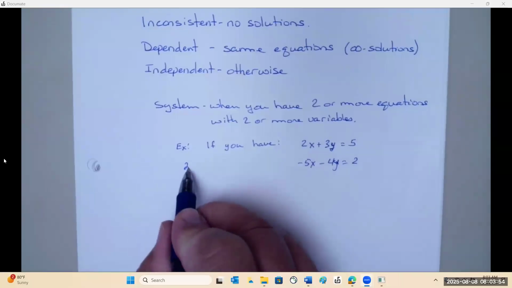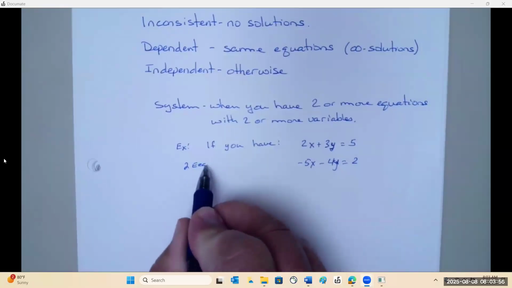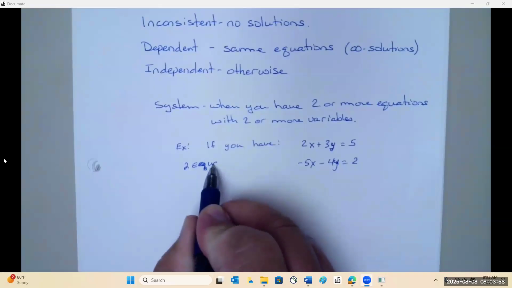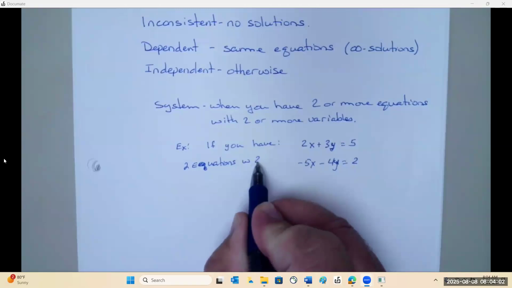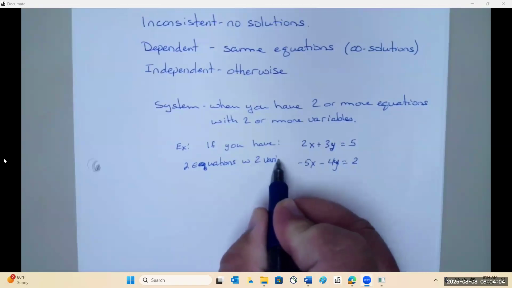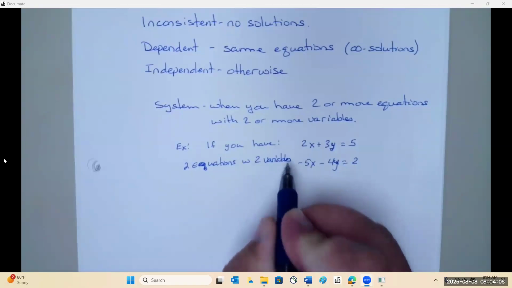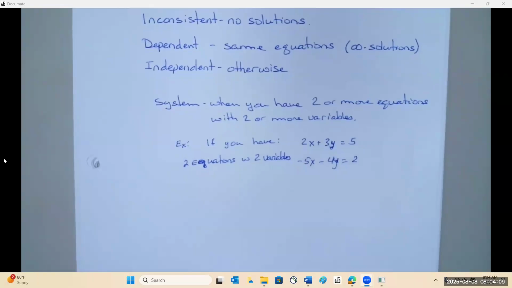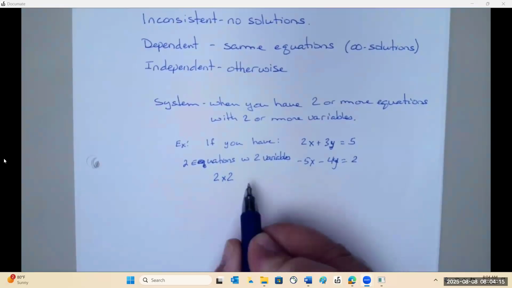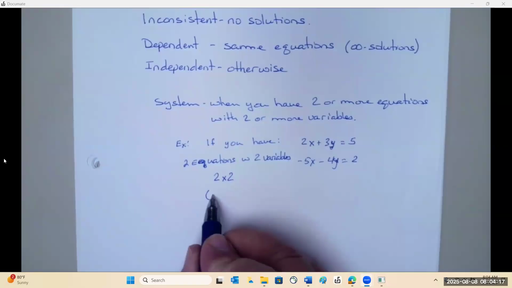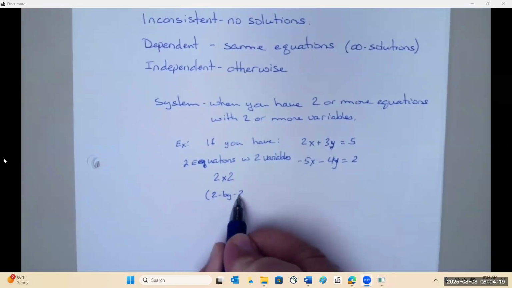we have two equations with two variables. This is known as two by two.